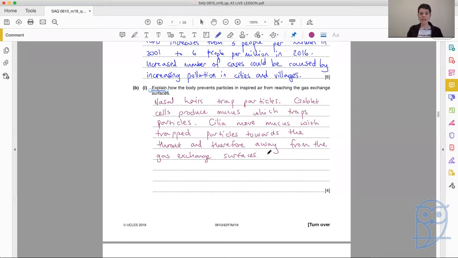And then how is that mucus and the particles completely prevented from reaching the gas exchange surface? Swallowed and enters the stomach.